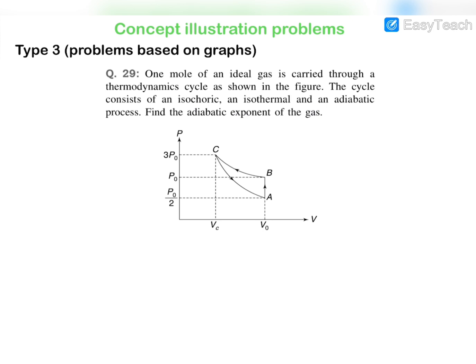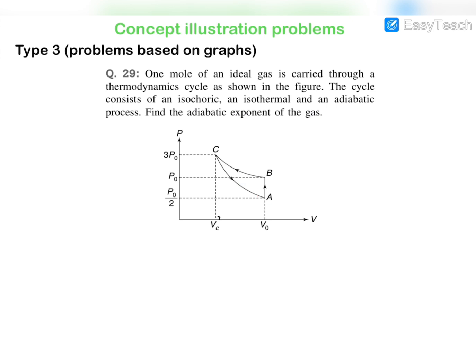So obviously we can see that AB will be isochoric, BC will be isothermal, and CA will be adiabatic. We have already discussed this in the previous videos, and this can be predicted by the slope. So we know that the steeper graph, which is a hyperbola, is the adiabatic graph.